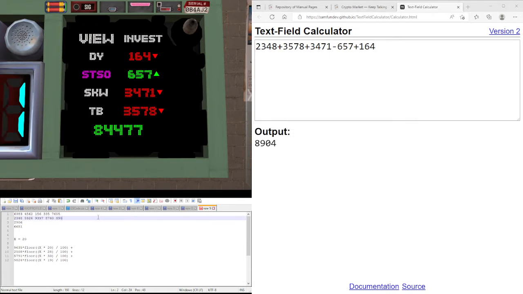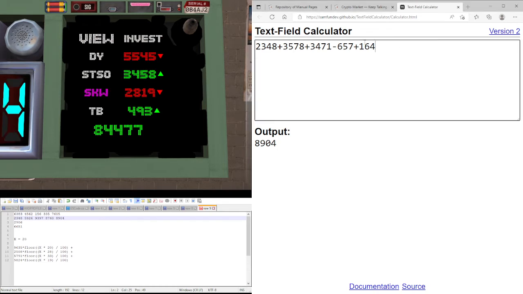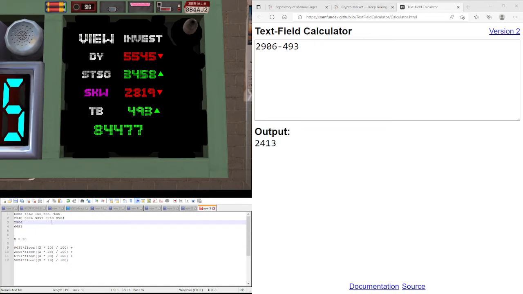This is going to be what we're going to do for all four of these. So 2906 minus this one. Sorry if you can hear stuff outside. Plus this one. Five, 2, 3, 2. Minus this one. And then plus this one.